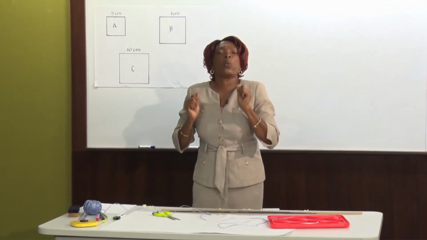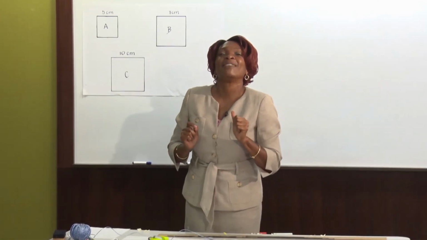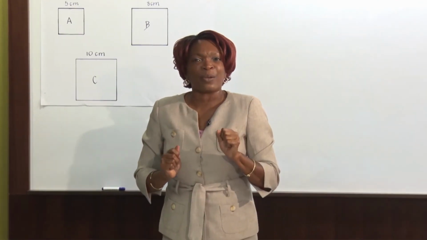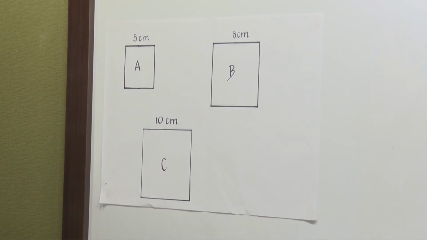Now, what we are going to do, we are going to look at the perimeter of squares and rectangles. First, we are going to look at the perimeter of squares. If you look on the board, you will see that I have 3 squares there. First and foremost, what information do I need to have?